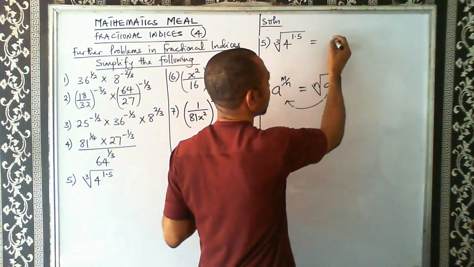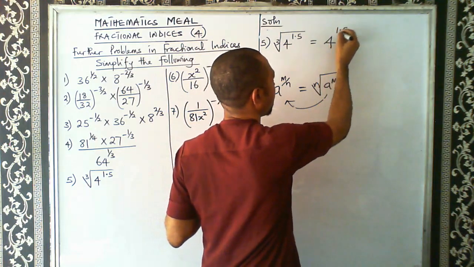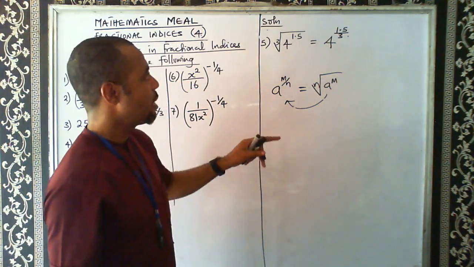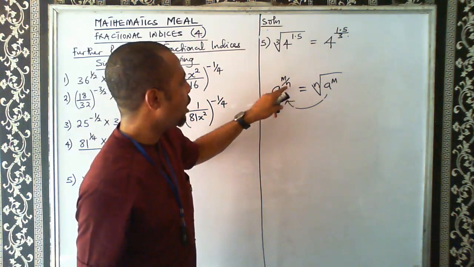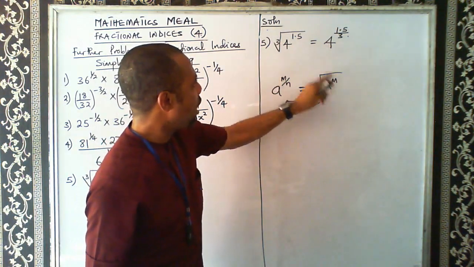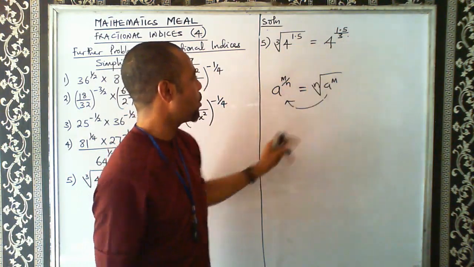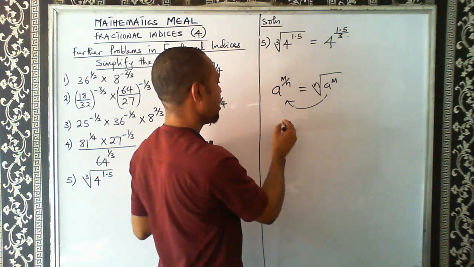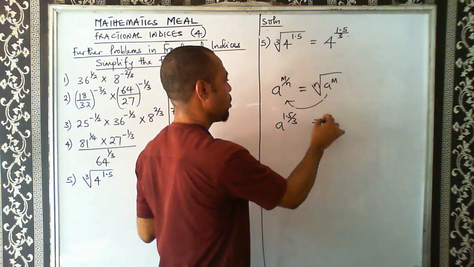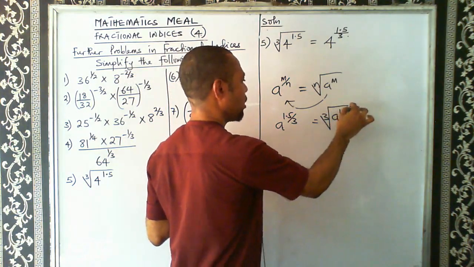So what am I going to have? I'm going to have 4 raised to power 1.5 over 3. Look at your 3, look at your m. If I'm to write it in this form, that's what it will become: a raised to power 1.5 over 3 is the cube root of a raised to power 1.5.